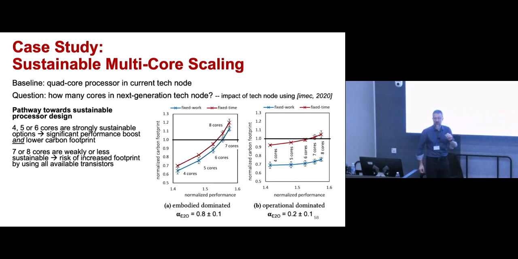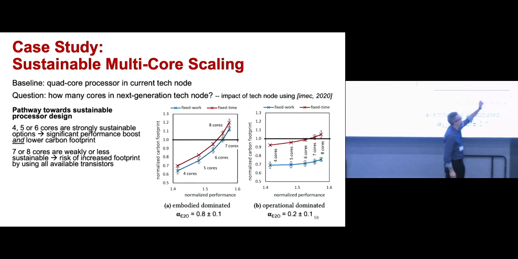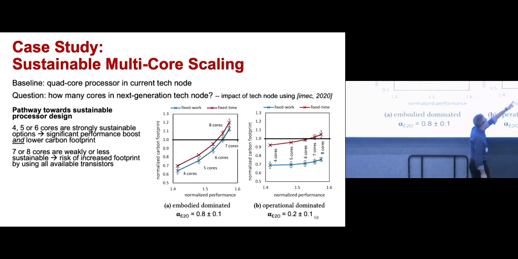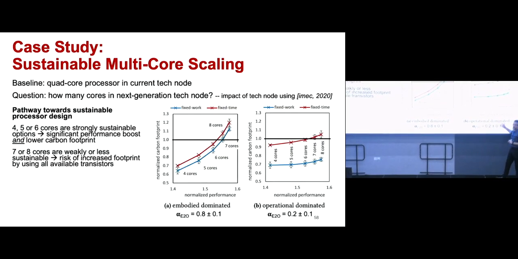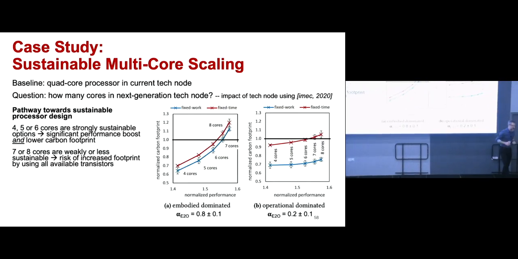But a sustainable path forward is, instead of going for 8 cores, we could go for 5 or 6 cores. In that case, we end up somewhere here, right? We still get a significant performance benefit and a reduction in total carbon footprint under both scenarios, both when the embodied emissions are dominating and when the operational emissions are dominating.